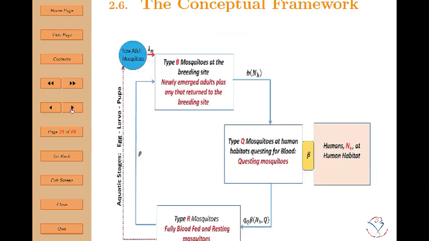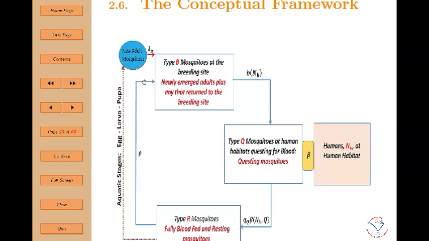Mosquitoes of type B get attracted to humans at a certain rate, beta B of NH, and they interact with humans at a certain exposure rate, beta, and they become mosquitoes of type R, which lay eggs that produce new adults. They enter the B class and return to the breeding site to breed.